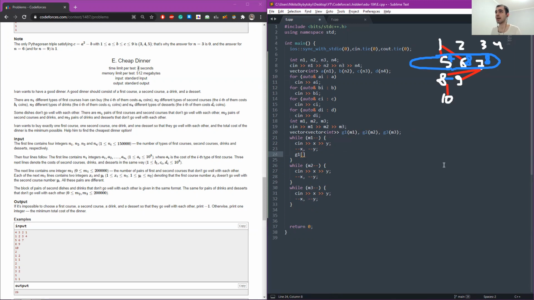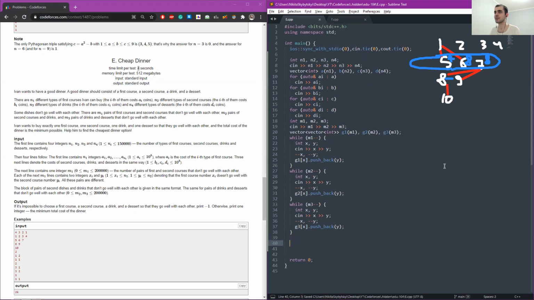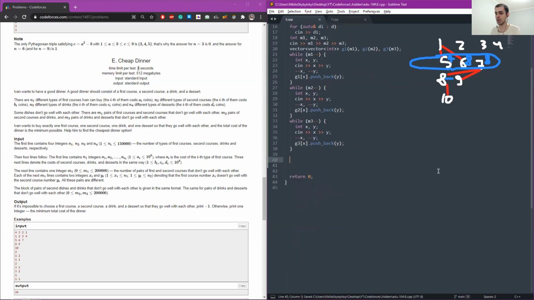So graph 1 at x should add y to it. And we should have xy defined here, here, and also here, and also here. Total mess of a problem, if you ask me.